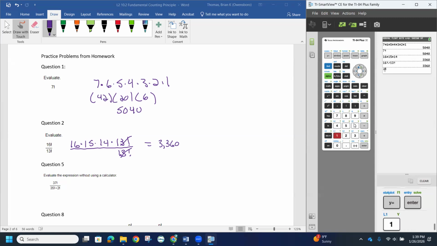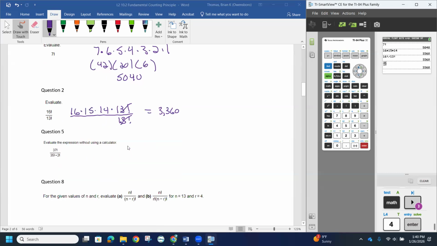So I can type in the 16, go to math, go to probability, choose number 4. Yep, 16 factorial. And then go on the bottom, 13, math, probability, number 4. And I do have it there and hit enter, and I should still get the same thing. So several ways to approach that. To me, you can do a little bit of basic math and just type in 16 times 15 times 14 as well.